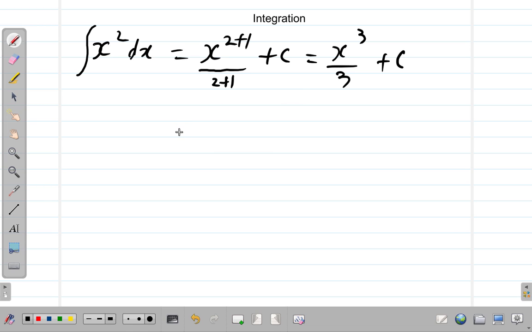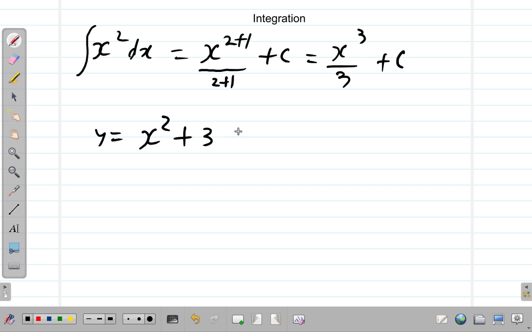Now, before we look at further examples of integration, suppose we look at differentiating this. We say y is equal to x squared plus 3.